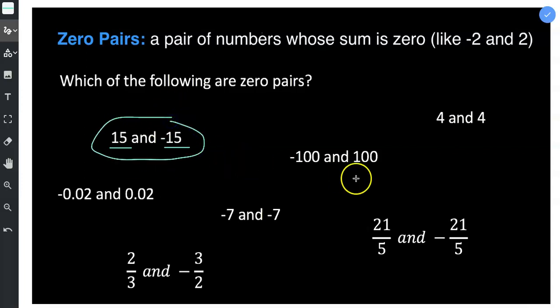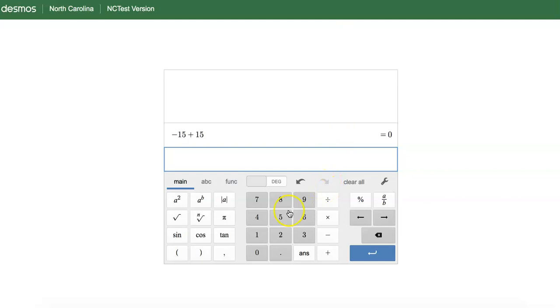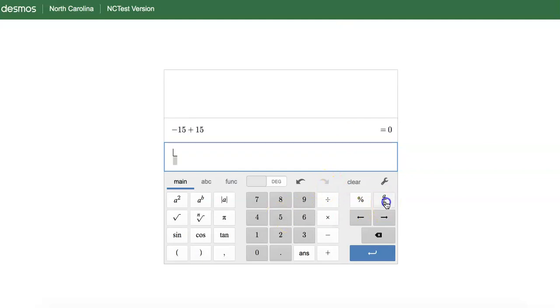Let's try another one. Let's try 21/5 and negative 21/5. Alright, so I'll use this little fraction bar piece over here, and I'll type in 21/5 plus, and then use the fraction bar again, 21/5, and I need to make it negative, so I'm going to just click on this side of the fraction bar.